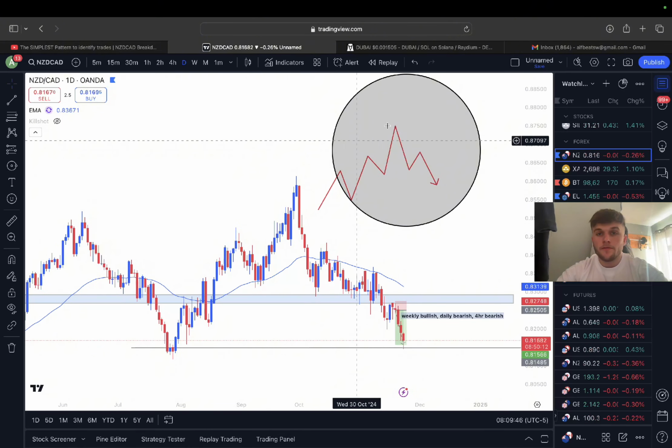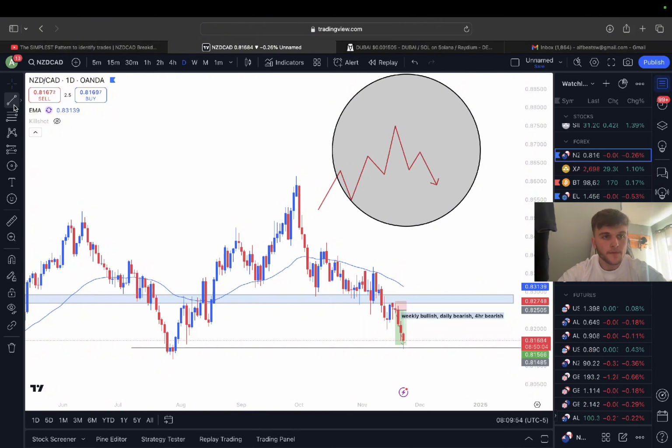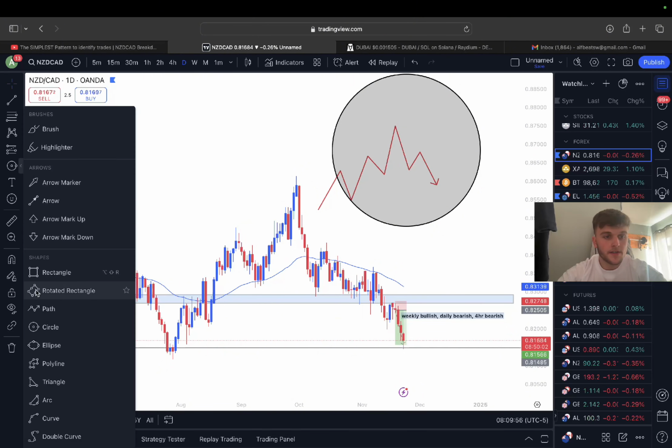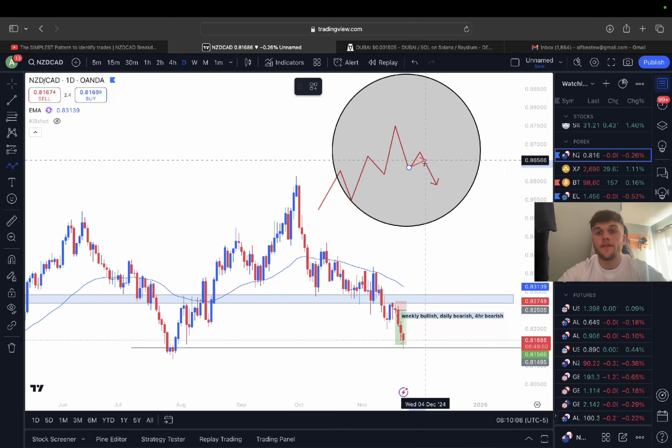Now this is only a confirmed head and shoulders when we break the neckline. When price is coming up to it, and when price is here, we are still bullish because we haven't broken below this recent higher low. Finally, we're confirmed bearish once we've broken below this recent higher low.